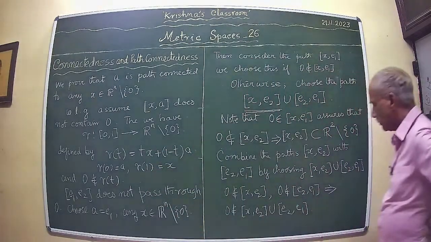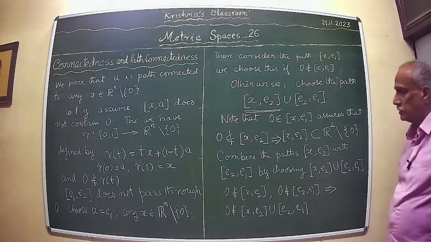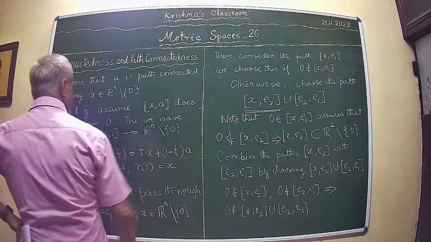So that completes the proof. In any case, you have a path from E1 to any given X.